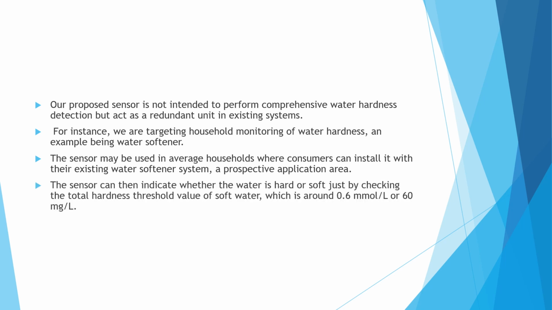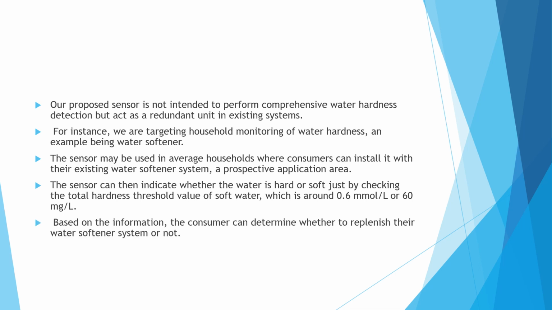The sensor can then indicate whether the water is hard or soft just by checking the total hardness threshold value of soft water, which is around 0.6, or 60 mg, with moderate hardness at 1.2, and so on.